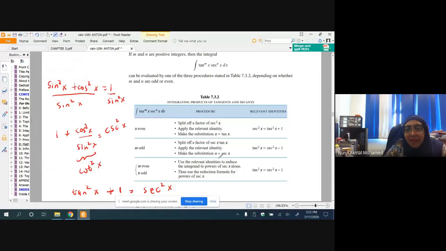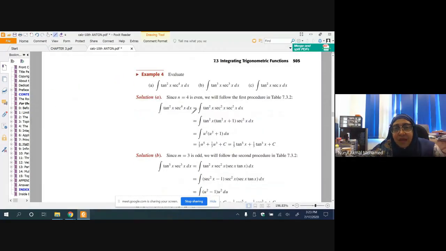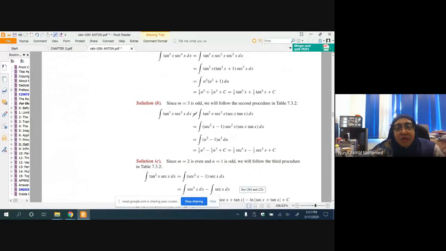So secant squared x is equal to tangent squared x plus 1. They're basically the same identity. So this is the second one, and this is the third one. The first one is the original one, which is this one here. I think we can do it at home. They're just the same.